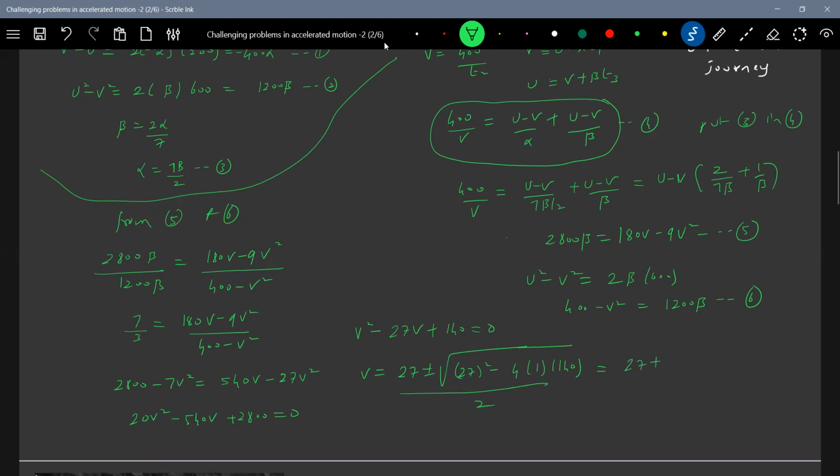Let's solve this. 27 into 27 is 729. 4 into 140, 560 will come. 729 minus 560 will be 169.